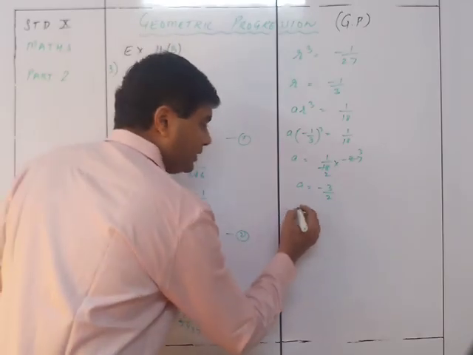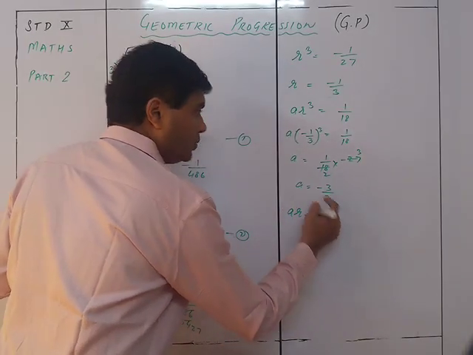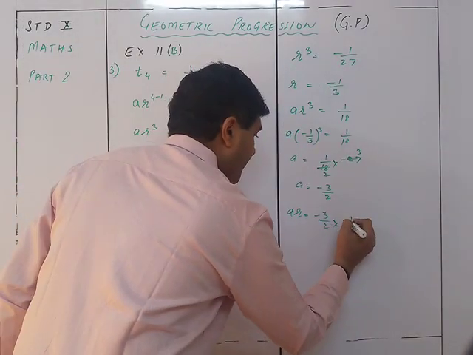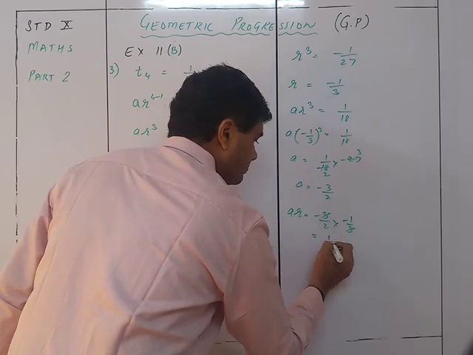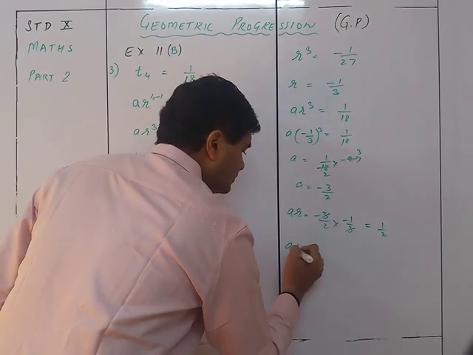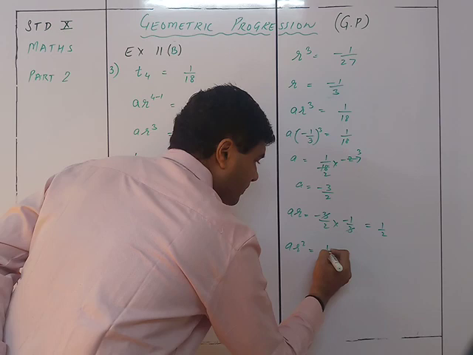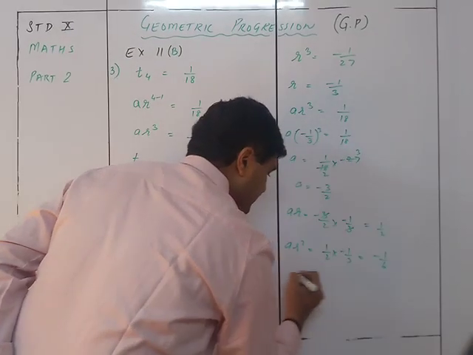So we have then A into R is equal to minus 3 upon 2 into R, which we got as minus 1 upon 3. That is equal to 1 upon 2. AR square will be equal to, we can say, 1 upon 2 into minus 1 upon 3 is equal to minus 1 upon 6.